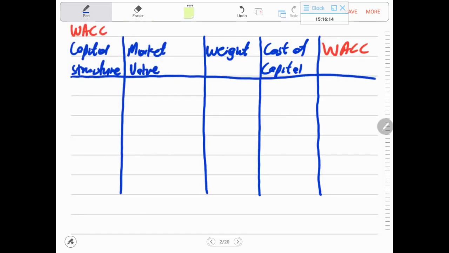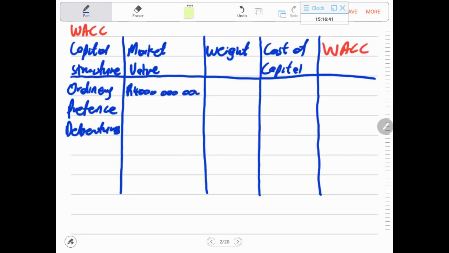Now we have different financial instruments. We have ordinary, then preference shares, then debentures. Our market values: it was 4 billion, 1, 2, 3, 4, 5, 6.